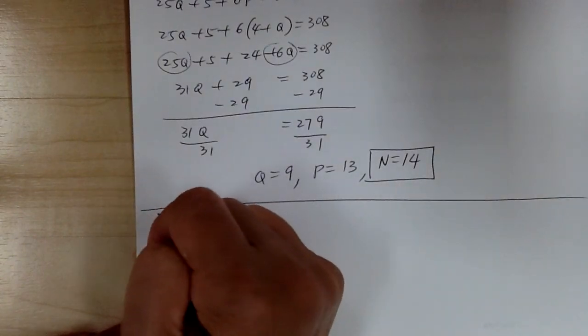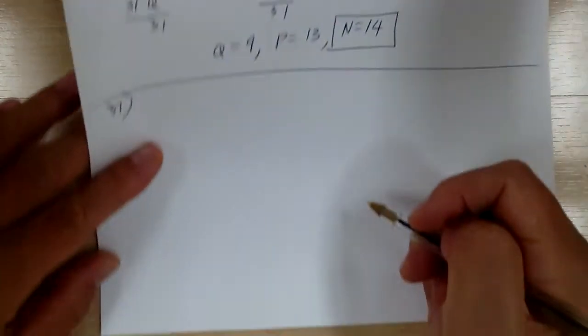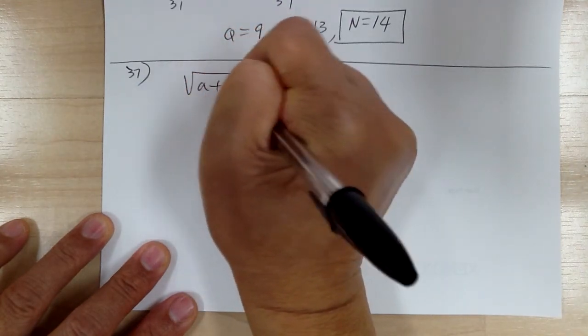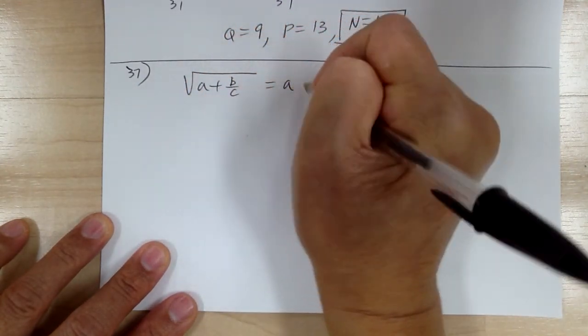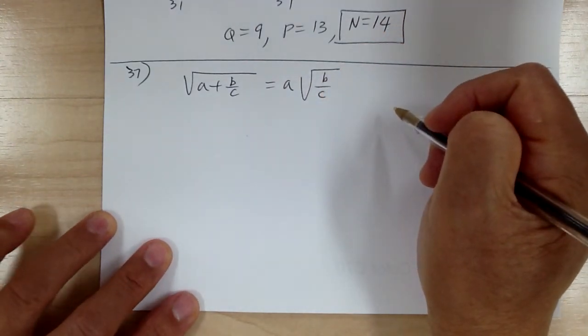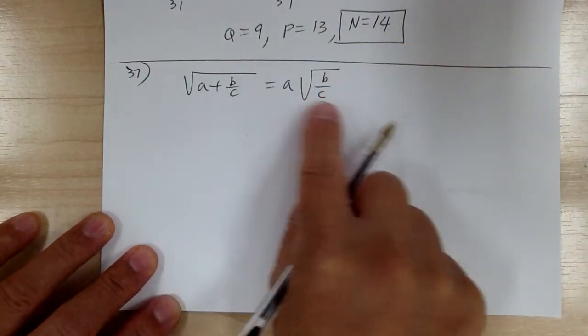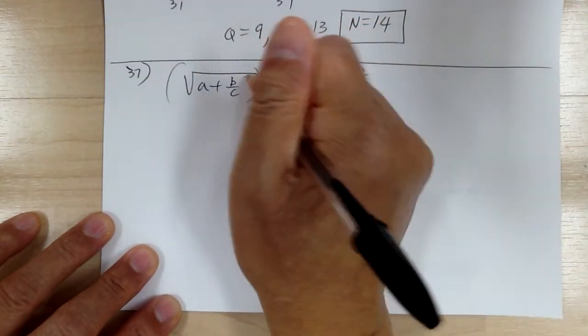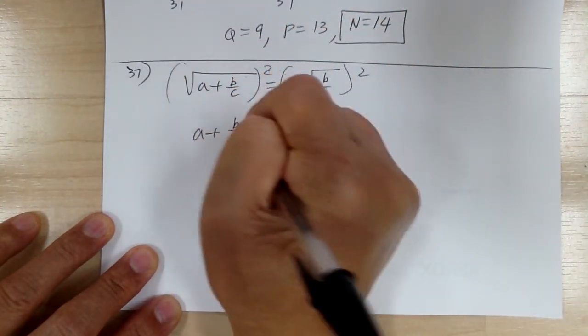Okay, let's go to number 37. So you have the square root of (a plus b over c) is equal to a times the square root of (b over c). And you're solving for c. So first I'm going to square both sides. So this will cancel out, so I get a plus b over c.